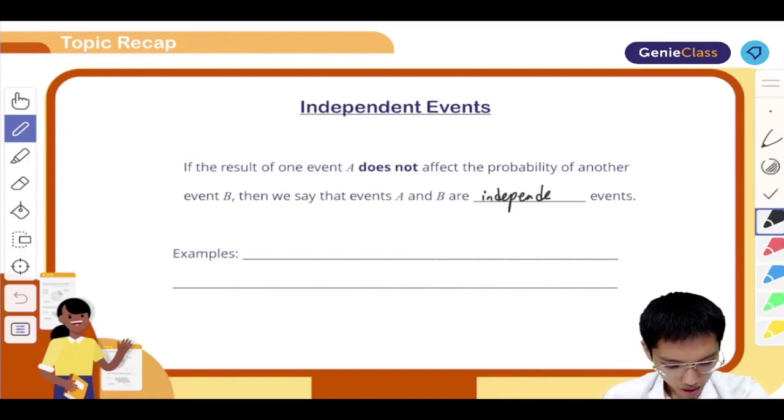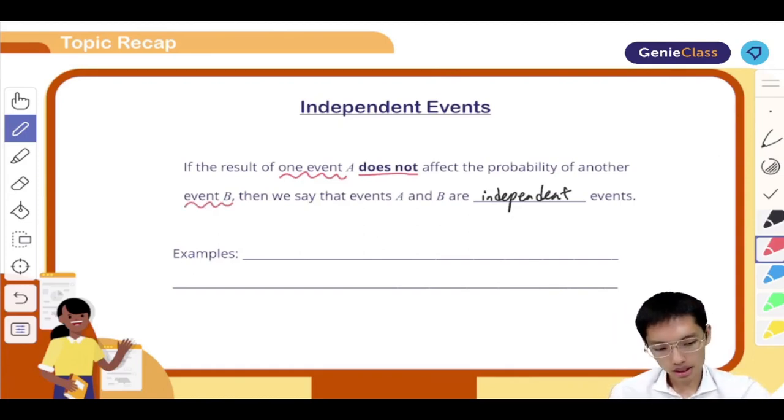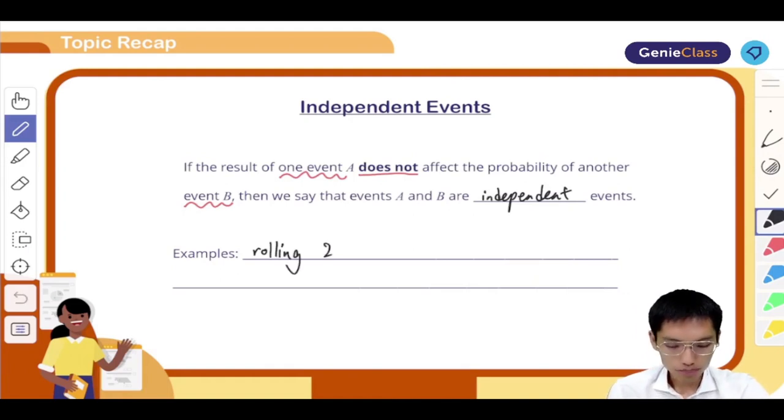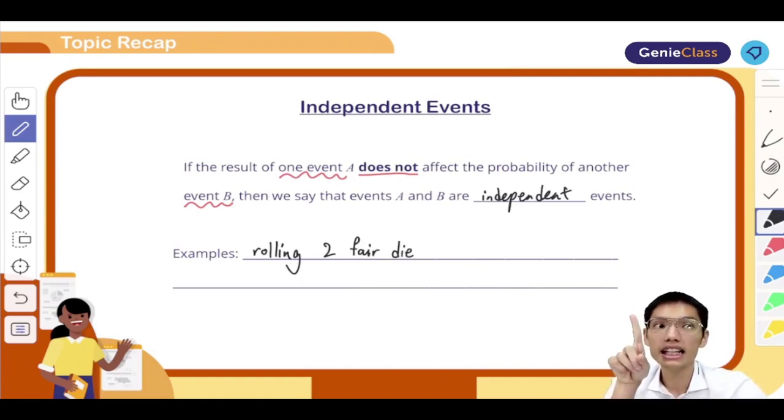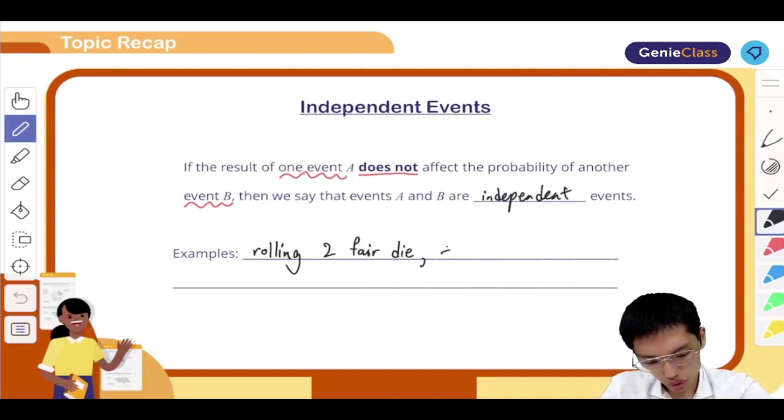Okay, so again, this means one event A does not affect another event. Some examples: let's say I roll 2 fair dice. Suppose I roll the first die, I get 6. Is this going to affect the probability of the other die? No, right? So that's why, again, it's independent. Next one, tossing 3 fair coins.